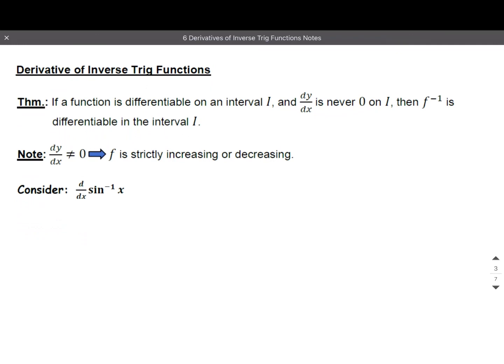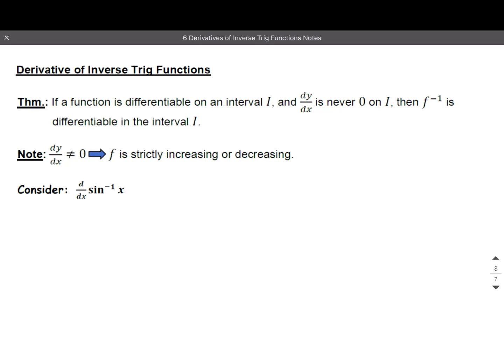Because now what we want to do is there is a theorem that says if a function is differentiable on an interval and dy/dx is never 0, so the derivative is never 0 on that interval, then f inverse is differentiable on the interval, okay? Note, the derivative not equal 0 means that the function is strictly increasing or strictly decreasing.